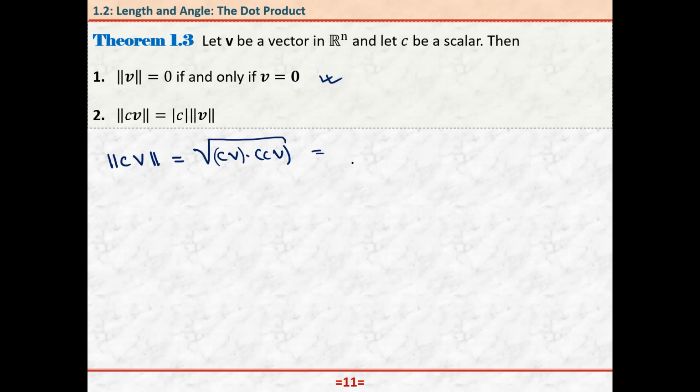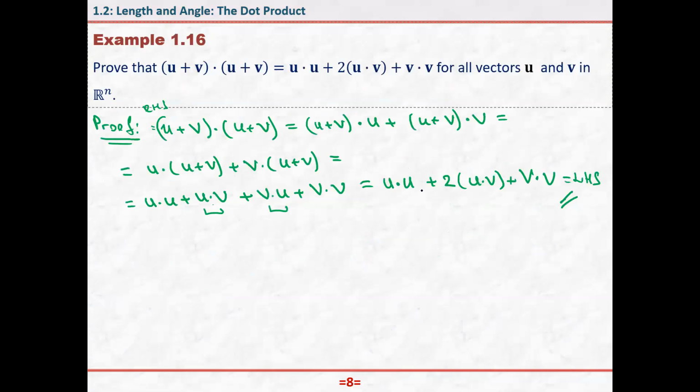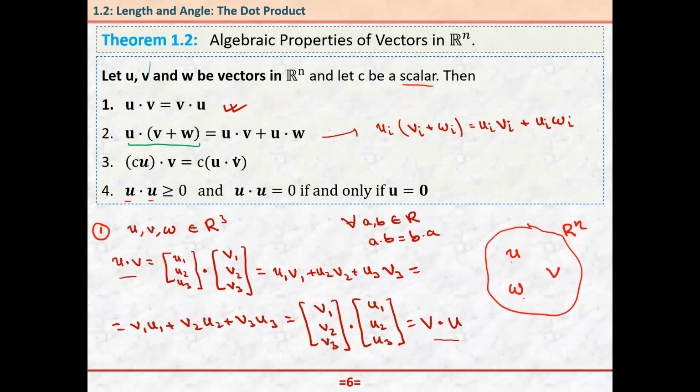Again, using the property of dot product, that's equal to C times C, it is C squared, times V dot V. Again, I'm using the third property of dot product, right? I'm using this property here.